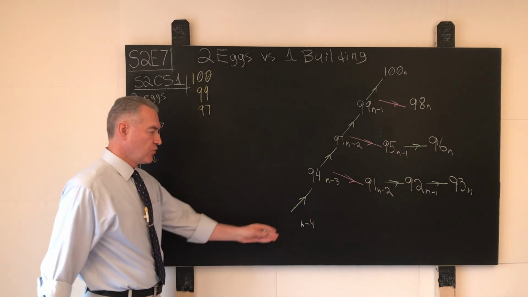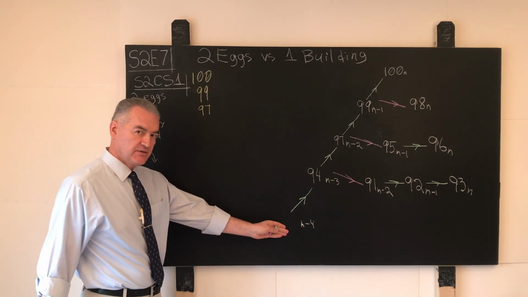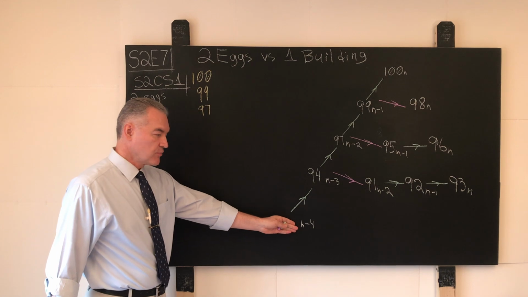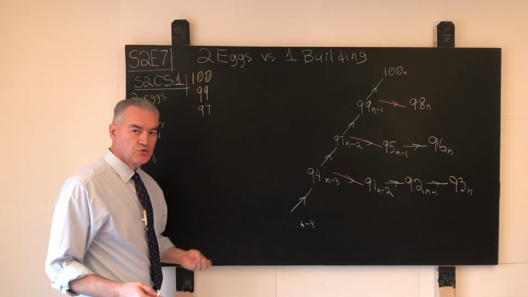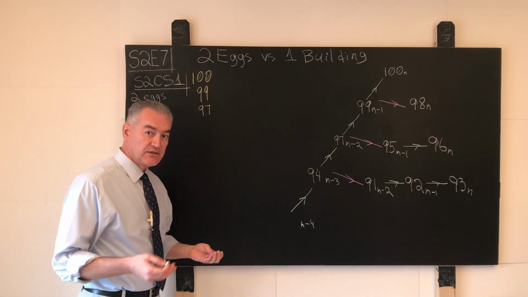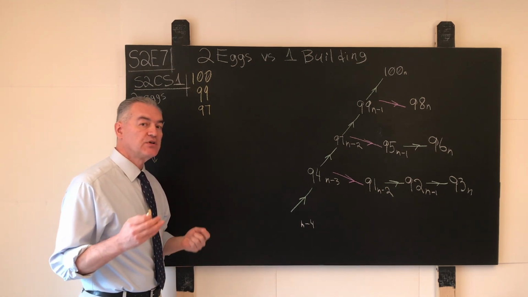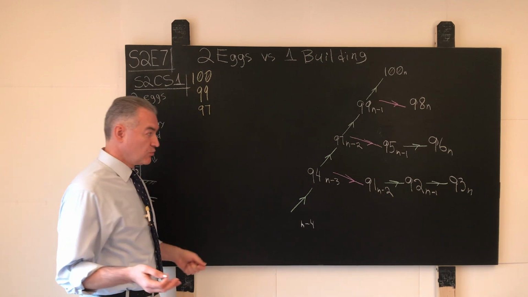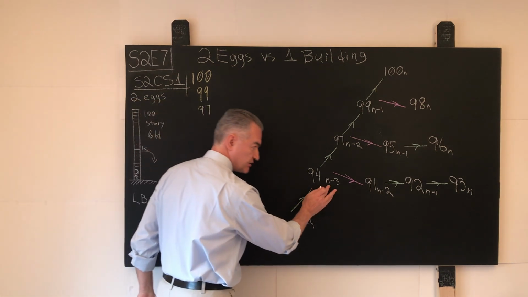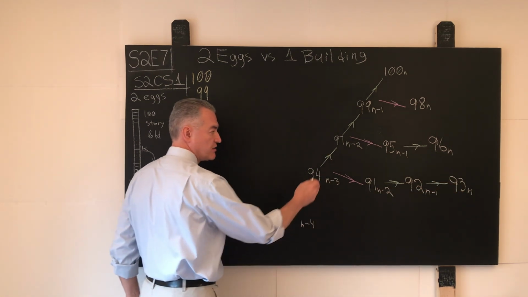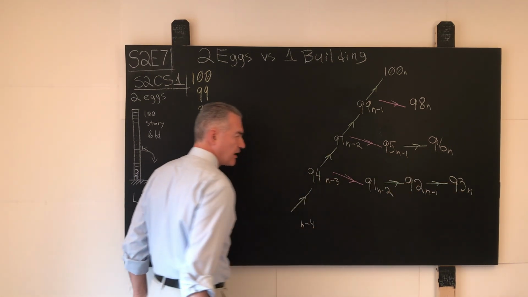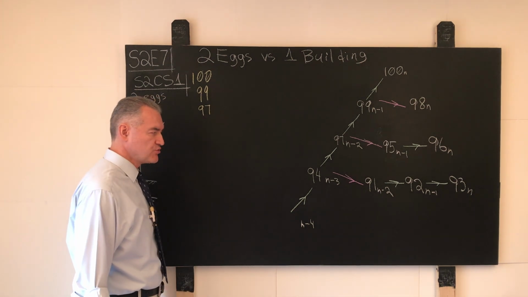But if the first egg does break and does not survive the fall from this mystery floor on the attempt number n minus 4, then what do we have? We have still the egg number 2, which is only one egg, but how many drops do we have in our budget? Well, we have the drops number n minus 3, n minus 2, n minus 1, and n, and altogether that corresponds to 4 drops.